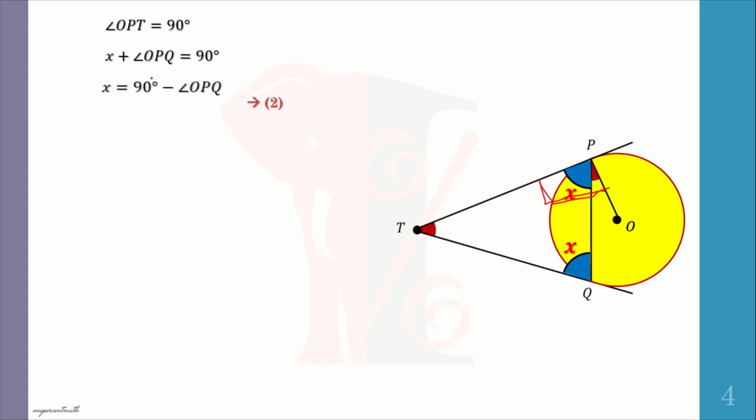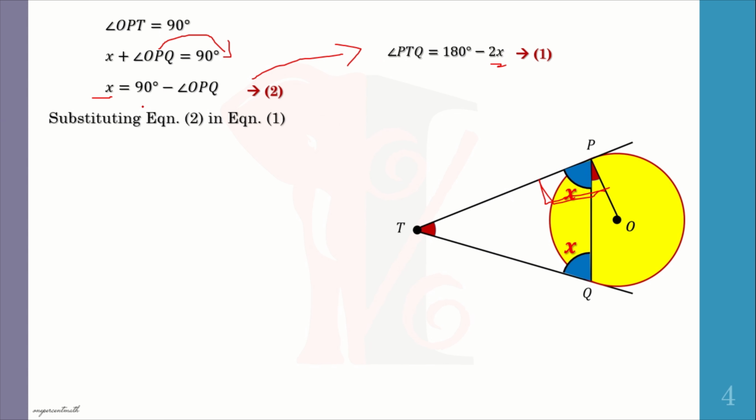So then I'll transpose OPQ to this side. Why am I transposing OPQ only to this side? Because x I need to replace, correct? In the first equation we have an x here, and this x needs to be replaced. So I'm going to use the second equation in the first equation, that means substituting equation 2 in equation 1.